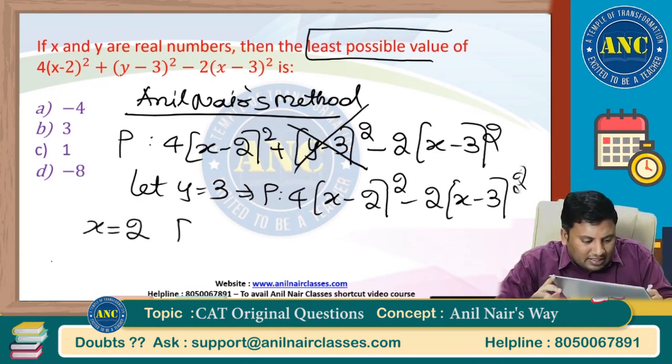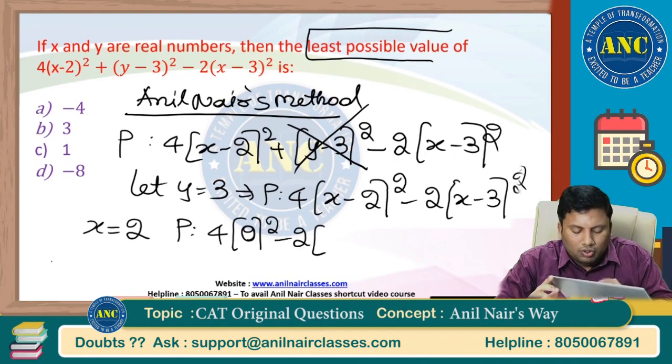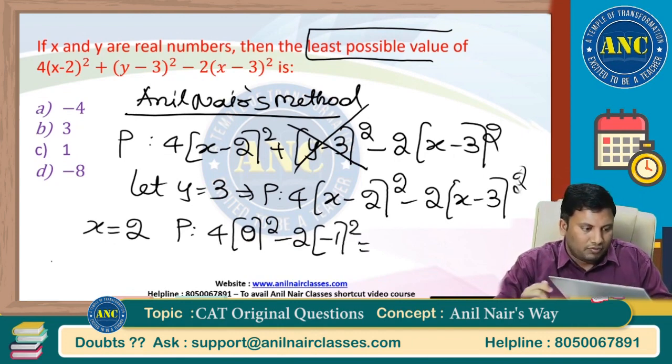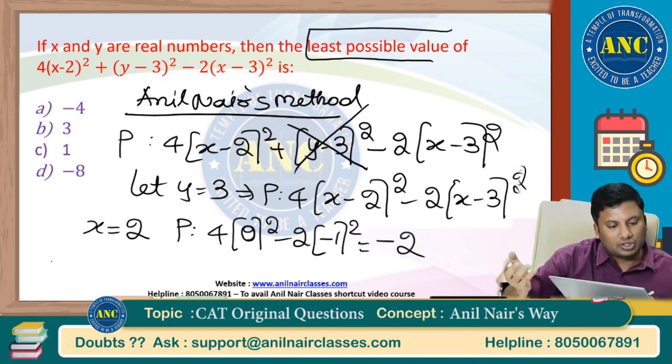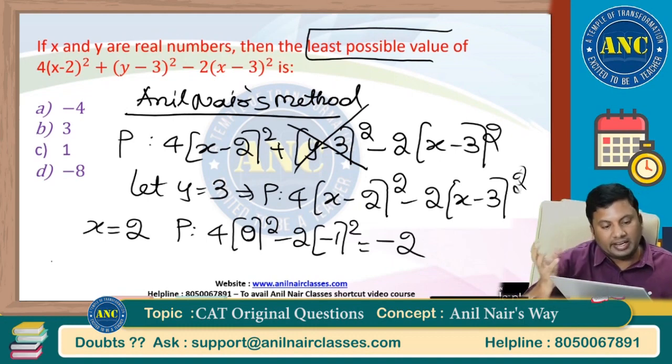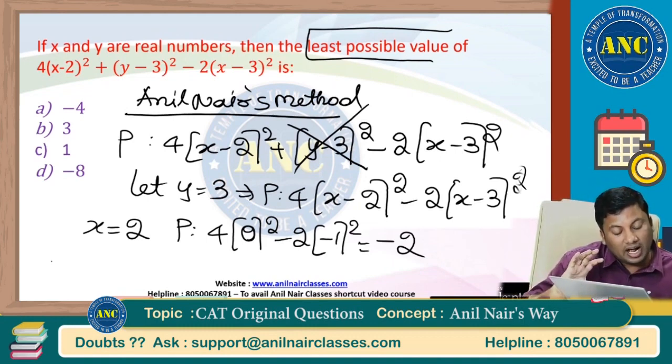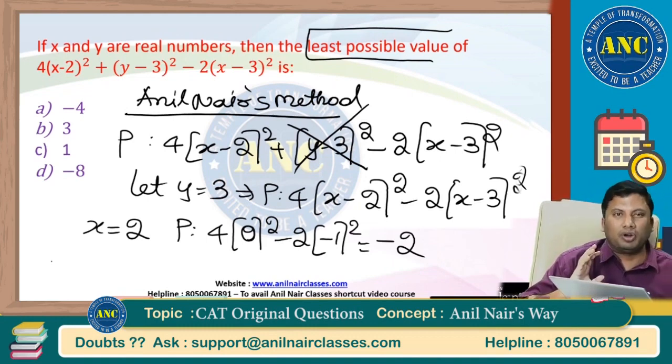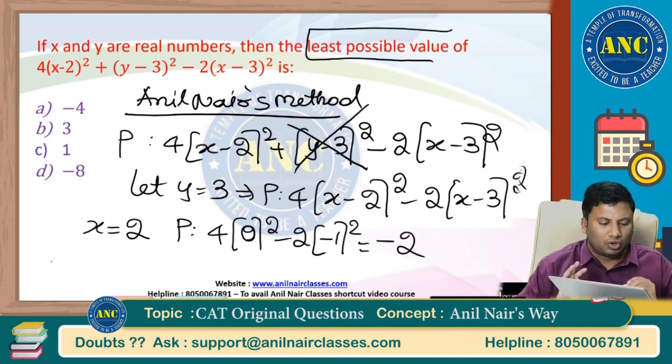Then 4 into (2 minus 2), 0 square, minus 2 into (2 minus 3), minus 1 square, which is nothing but minus 2. There are some values greater than minus 2, like 3 and 1, and some values less than that, like minus 4, minus 5. I am not able to conclude it.